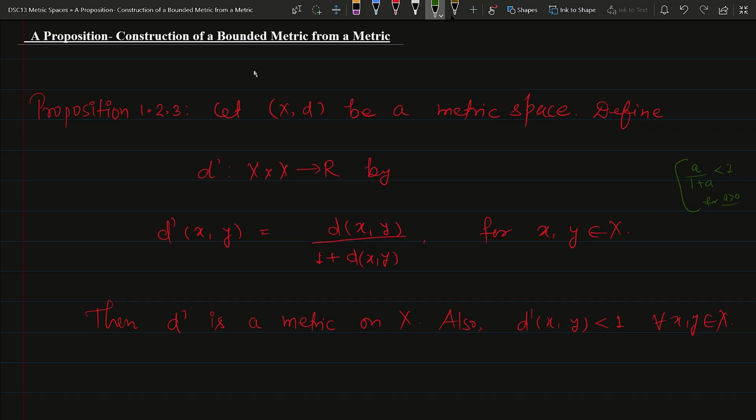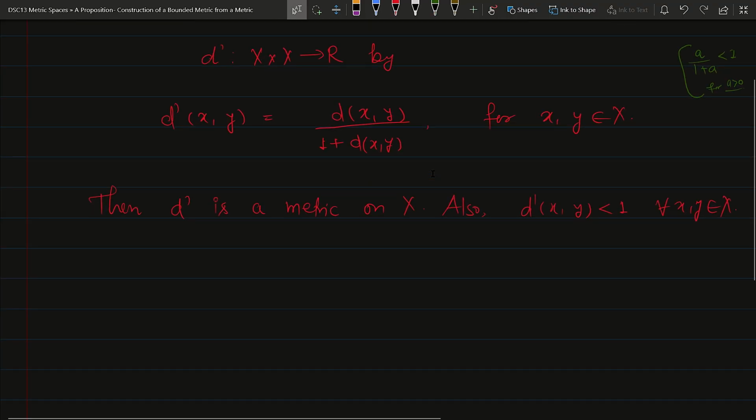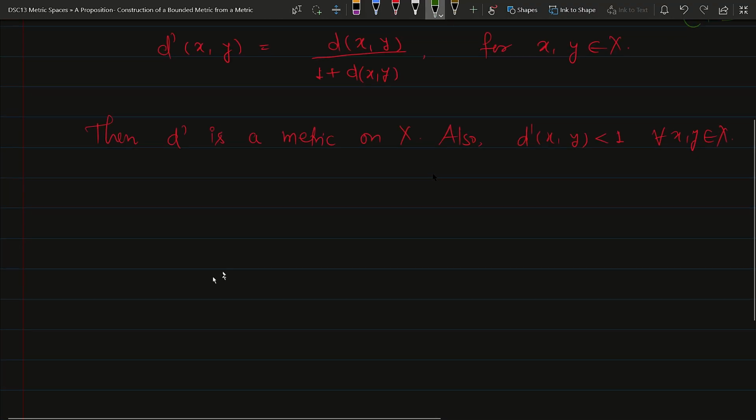Now let me prove that this d prime constructs a metric. So let me write the proof first, and we are going to prove it using the general idea. Let me write the conclusion first.